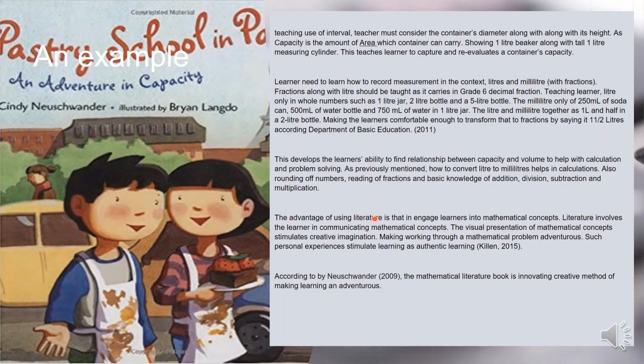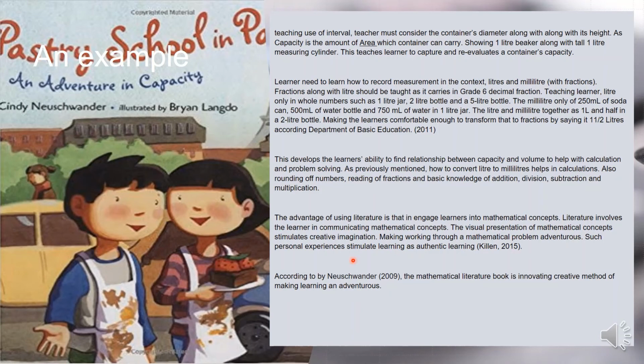The advantage of using literature is that learners are engaged in the mathematical concepts, and literature involves the child in communicating mathematical concepts, with visual presentations and concepts that stimulate creative imagination, and working through mathematical problems adventurously, such that a personal experience can stimulate learning as authentic learning.